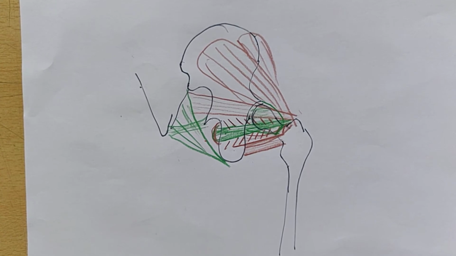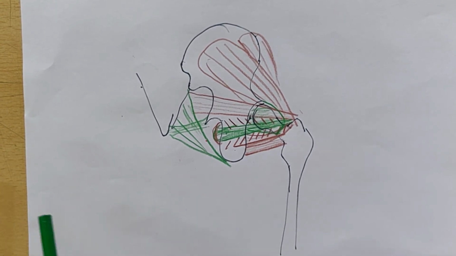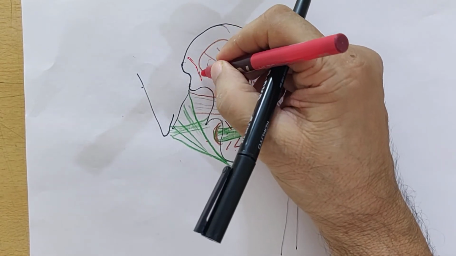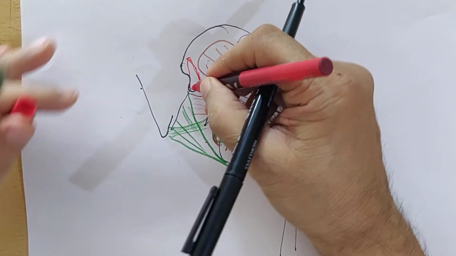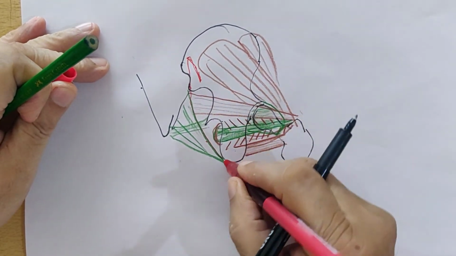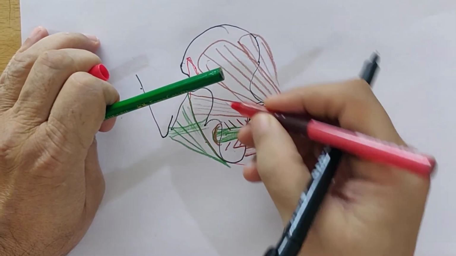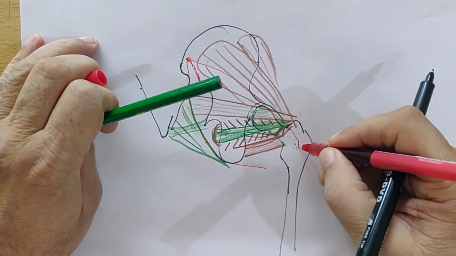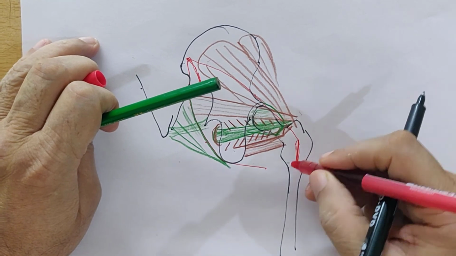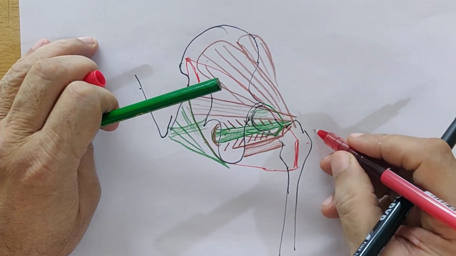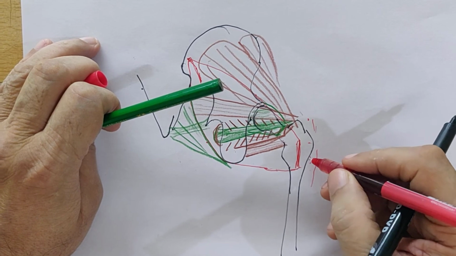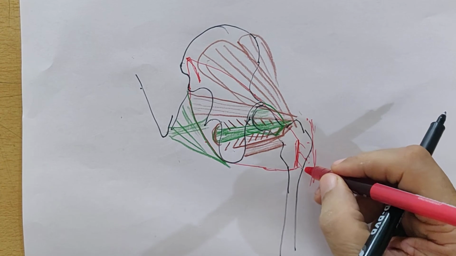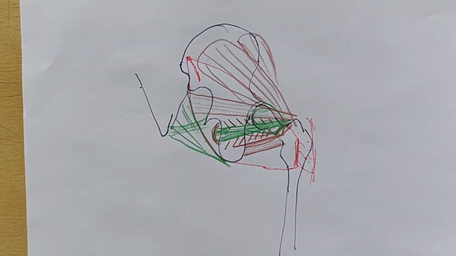And now, arising from the posterior part of the iliac crest and from the sacrotuberous ligament is a huge muscle which is the gluteus maximus, which goes and gets inserted into the gluteal tuberosity here and also into the fibers of the iliotibial band.